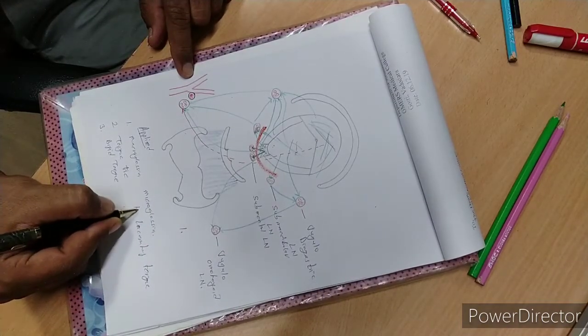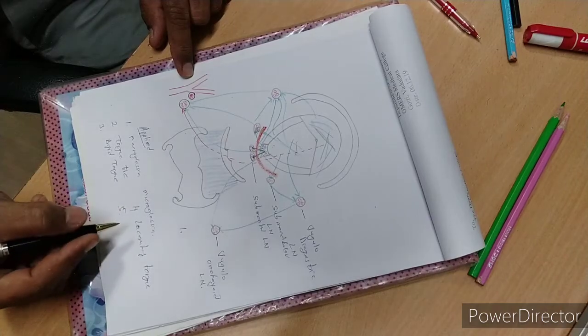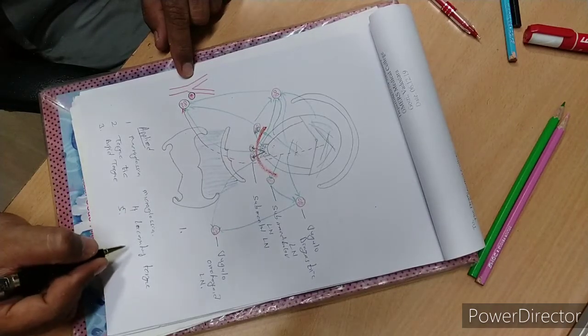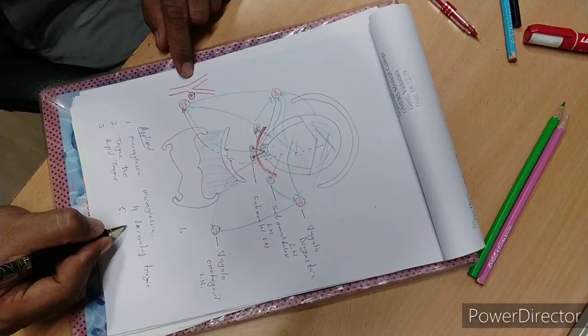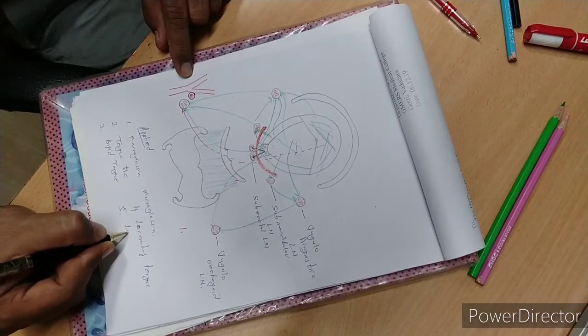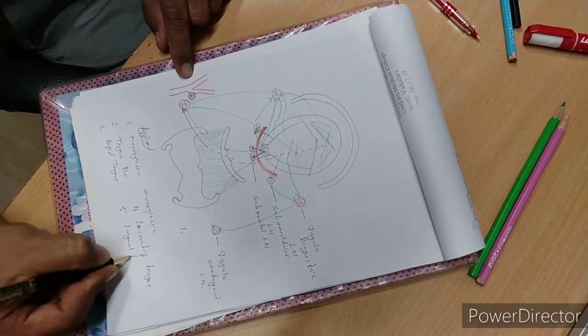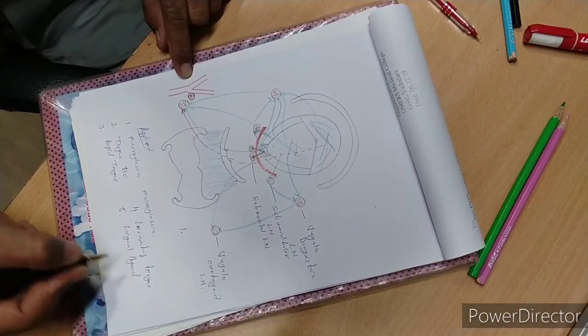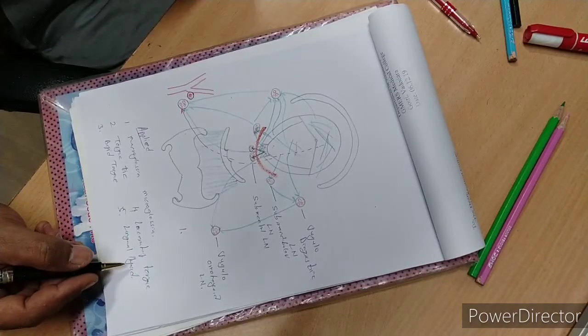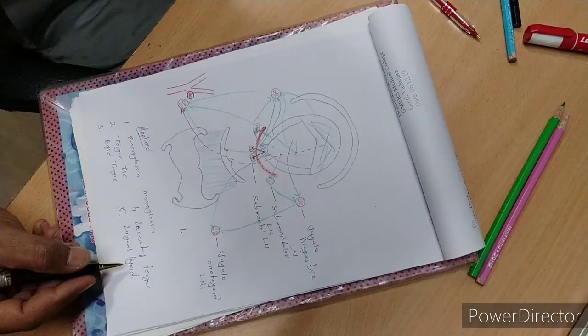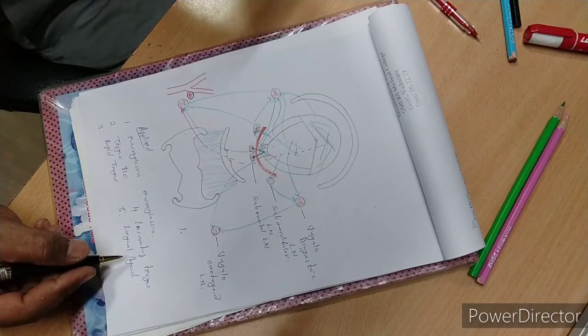This is the fourth one. The fifth one is lingual thyroid. Lingual thyroid means the thyroid gland, instead of being present in the neck region, is shifted towards the substance of the tongue.